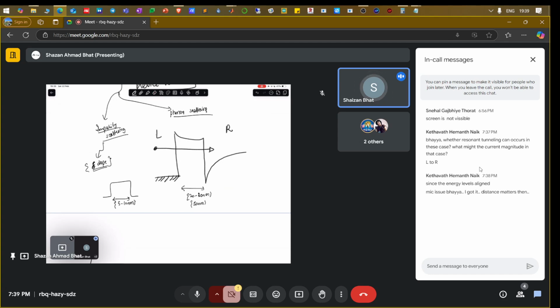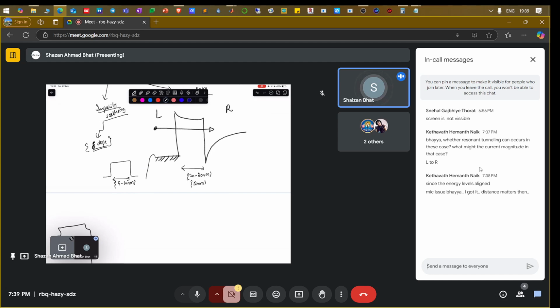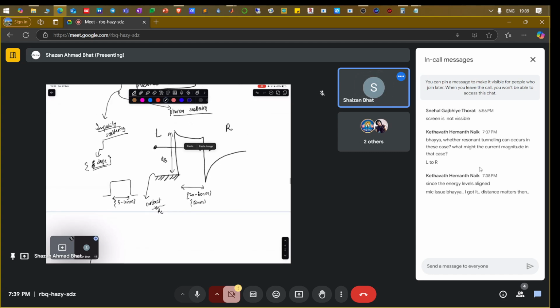The second point is that if you want to reduce something called contact resistance, RC, then you want to make it as ohmic as possible, because this is a Schottky barrier phi b. If the electron has to go from this metal into this, then the electron has to go over the thermionic barrier.